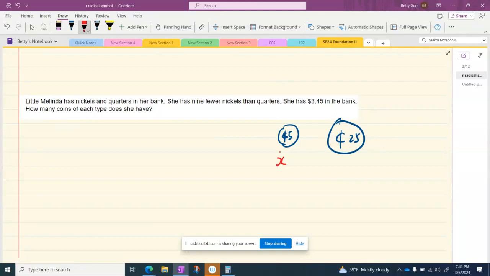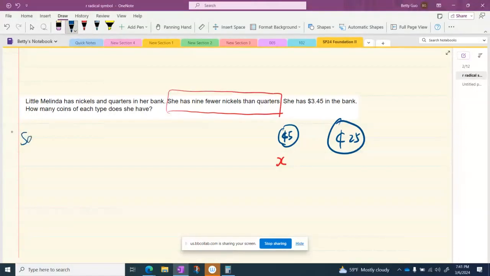Then tell me how many quarters does Melinda have? And read this sentence.